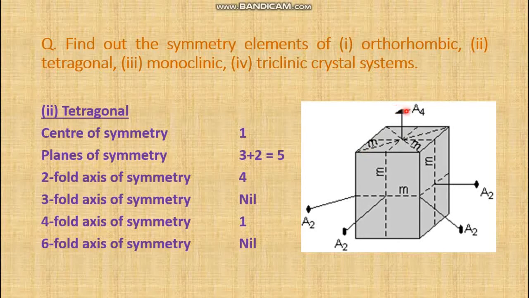This is the 4-fold axis. That means in every 90-degree rotation, the same structure is repeated, and these are the 2-fold axes. This is 2-fold axis number 1, this is 2-fold axis number 2, which is actually the perpendicular of each vertical face.